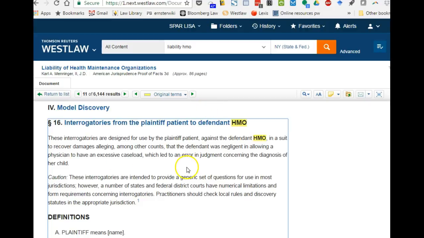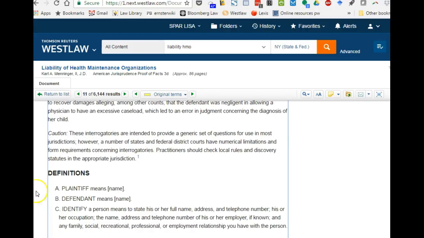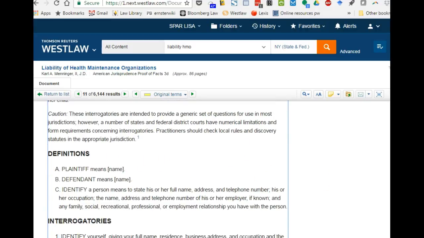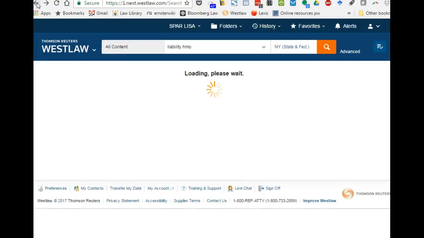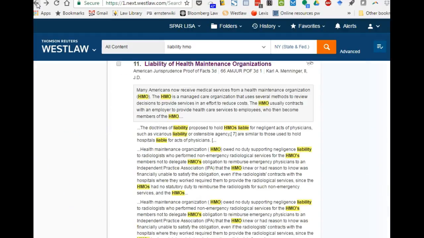So these interrogatories are designed, and so it even fills in the plaintiff's name and defendant, gives you all what an interrogatory would actually look like. Identify yourself, giving your full name, residence, identify persons. What an interrogatory would look like. So Proof of Facts is one of these practice-oriented materials.